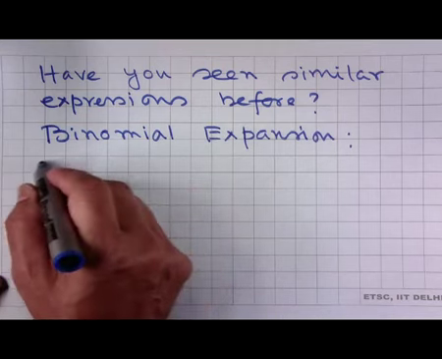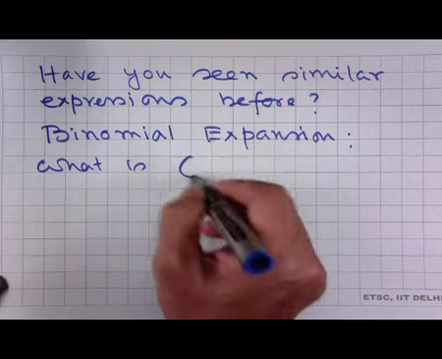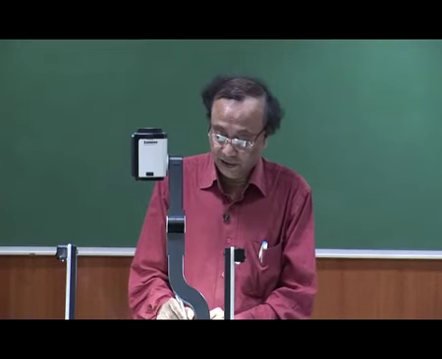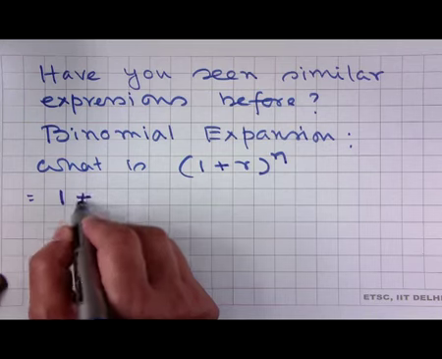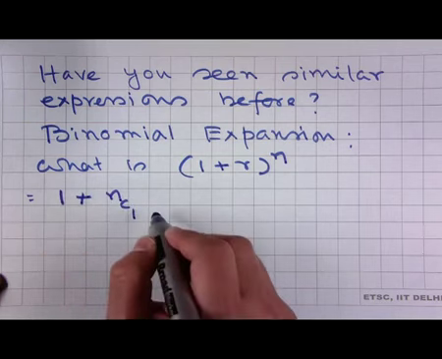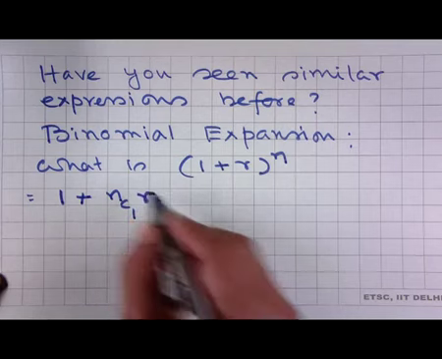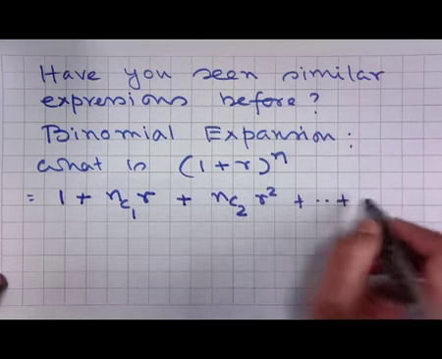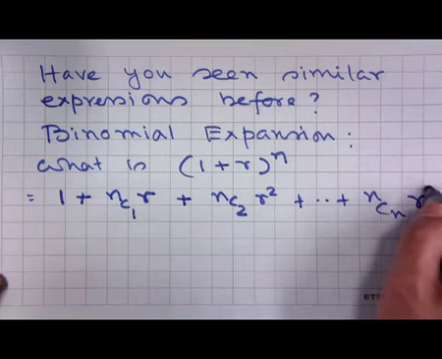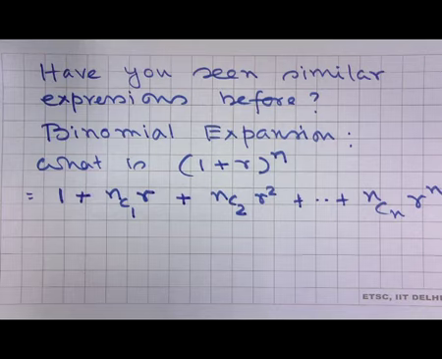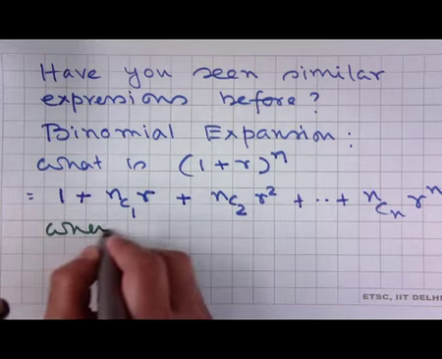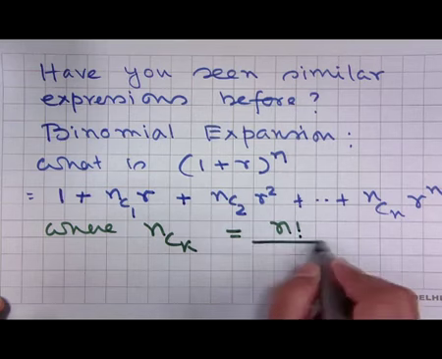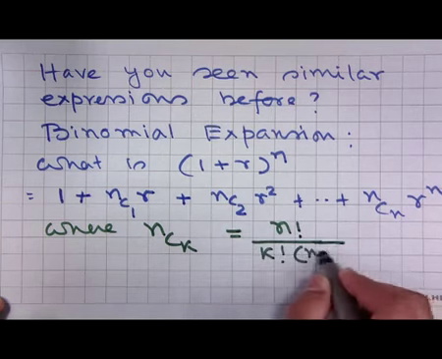If I asked you what is 1 plus r whole to the power n, you know the answer is 1 plus nC1 r plus nC2 r square up to nCn r to the power n, where nCk is equal to factorial n upon factorial k factorial n minus k.